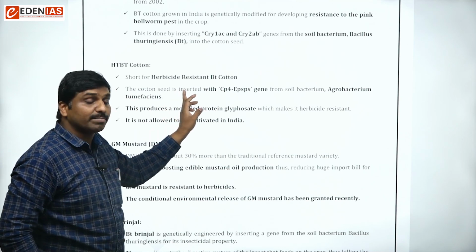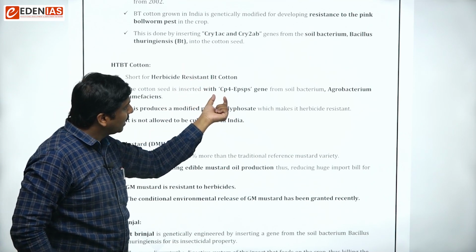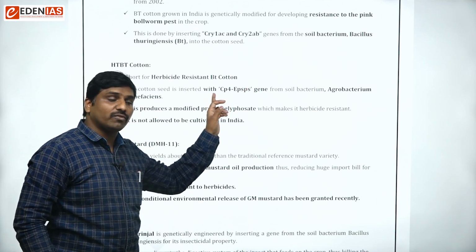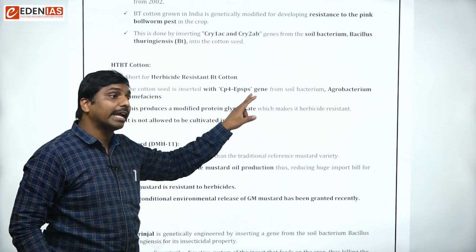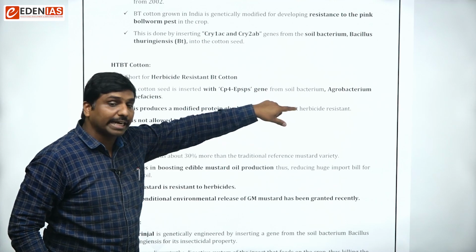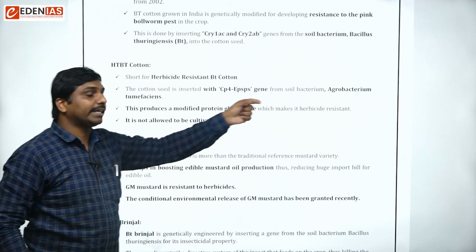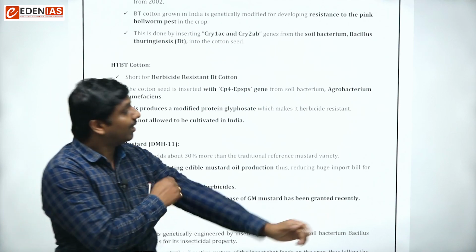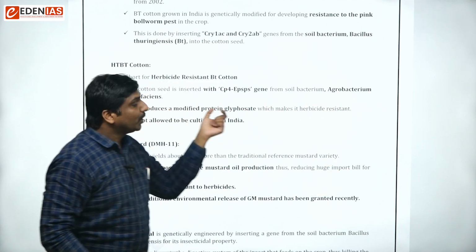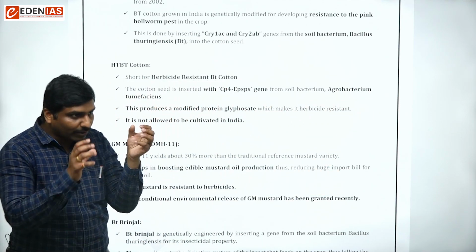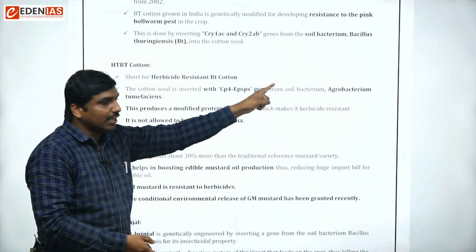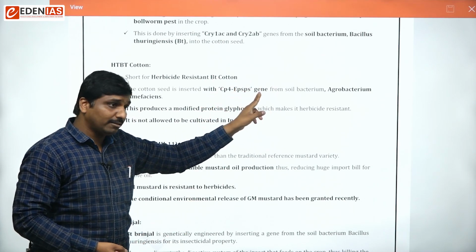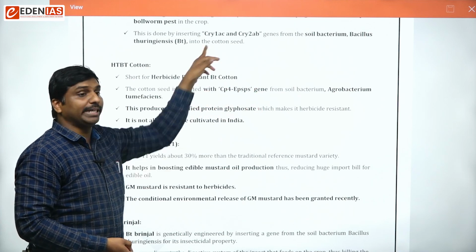The cotton seed has been inserted with another gene called CP4 EPSP gene. This CP4 EPSP gene has been isolated from another soil bacterium called Agrobacterium tumefaciens. From this bacterium, we have isolated the CP4 EPSP gene, and we have introduced it into BT cotton.